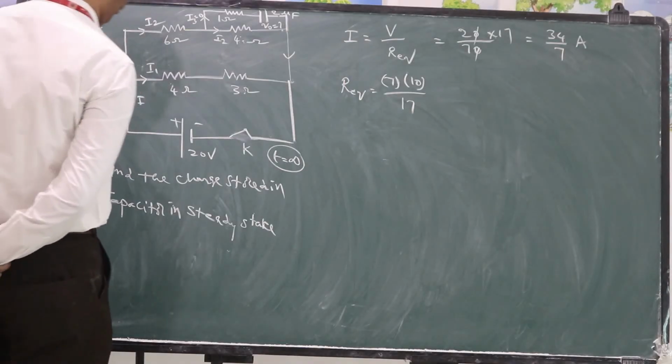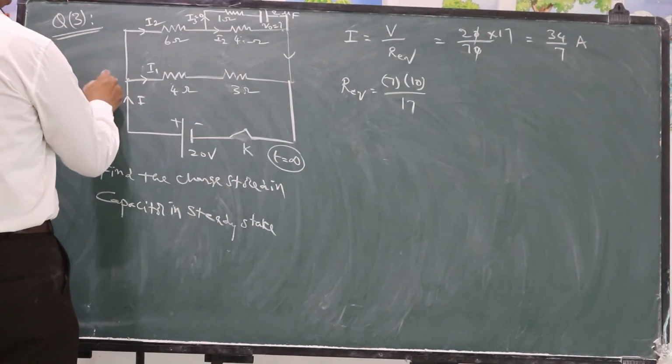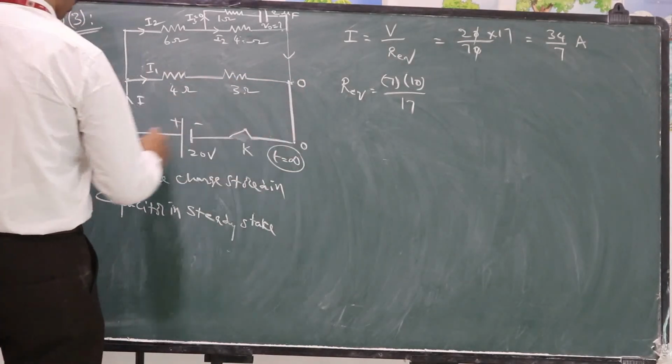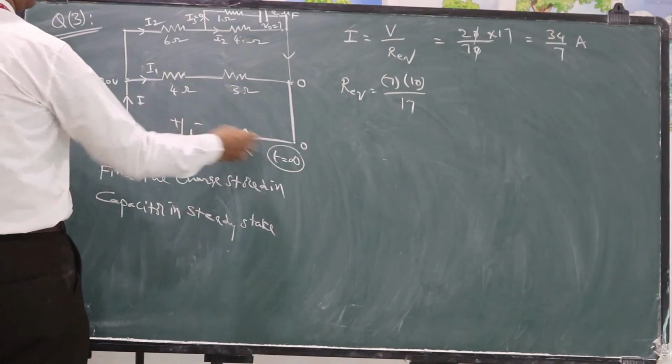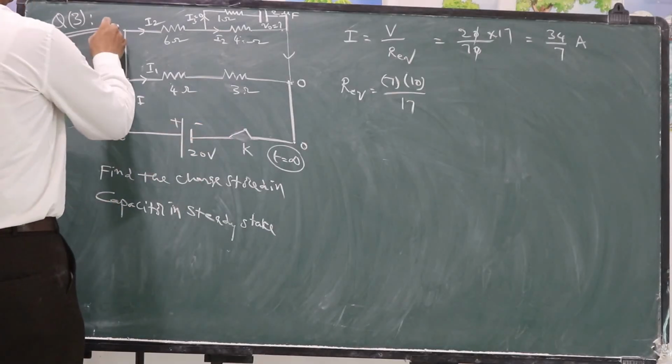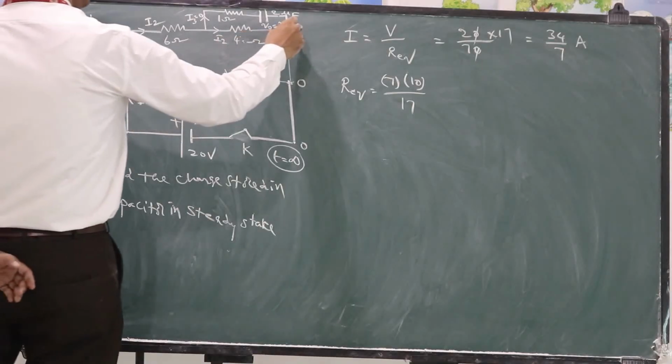Clearly, if the potential here is 20 volts, here it will be 0, because 20 and 0 give 20 volts potential difference. The same 20 will be here, the same 0 will be here.